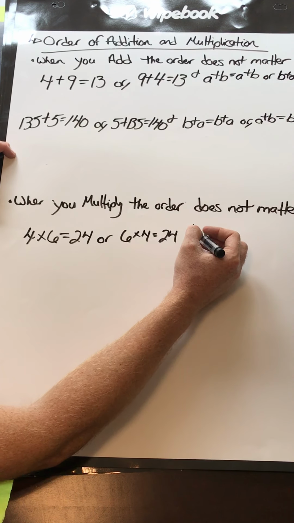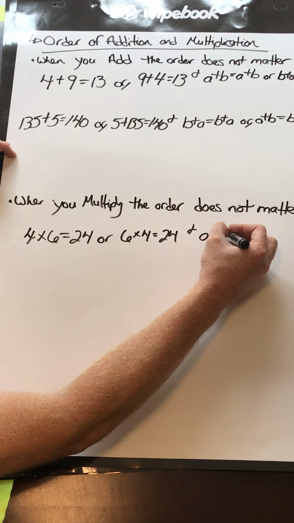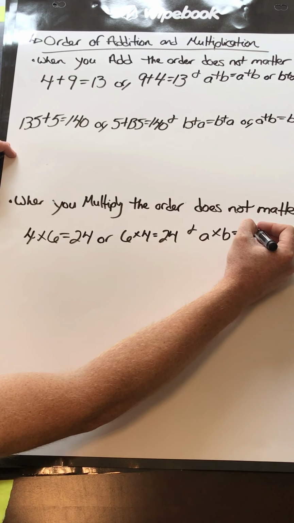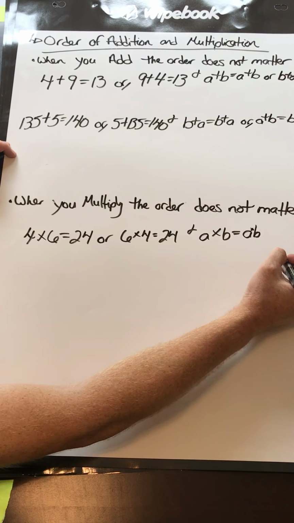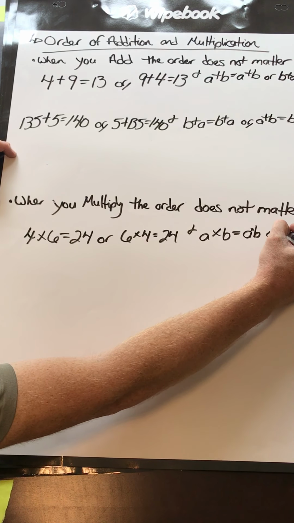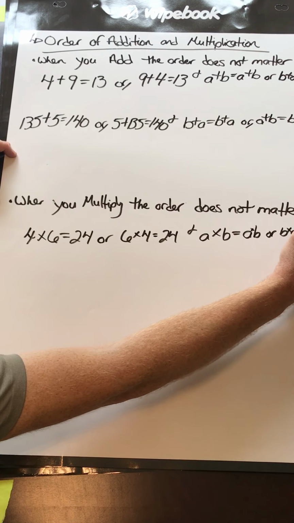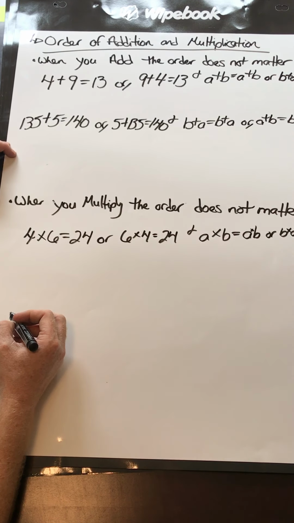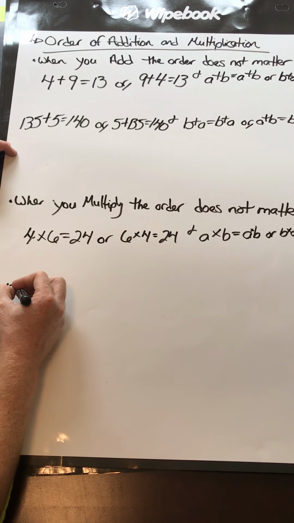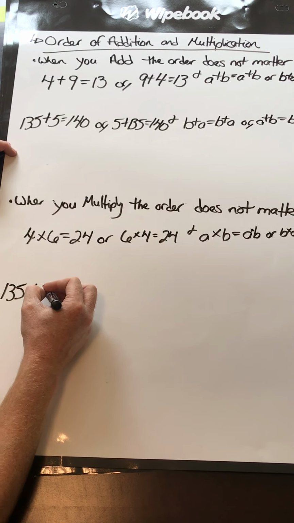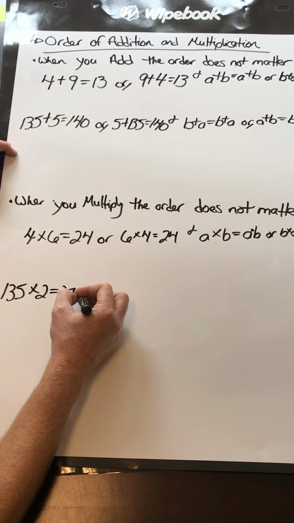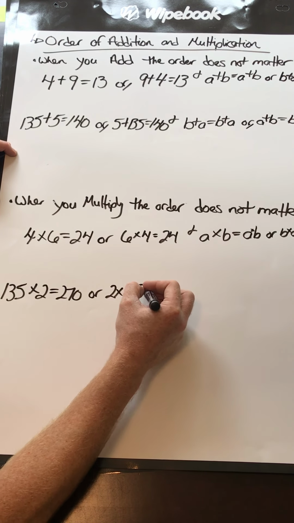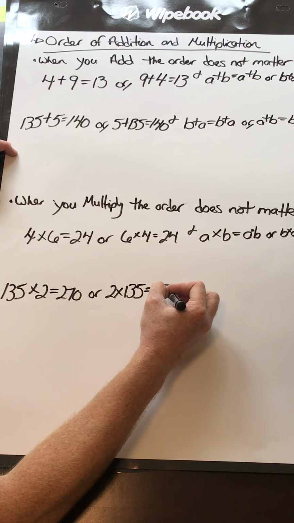And we could have A times B is equal to AB, so there's a little multiplication sign in there, or we could have B times A is equal to AB. Another one, we could have 135 times 2 is equal to 270, or we could have 2 times 135 is equal to 270.